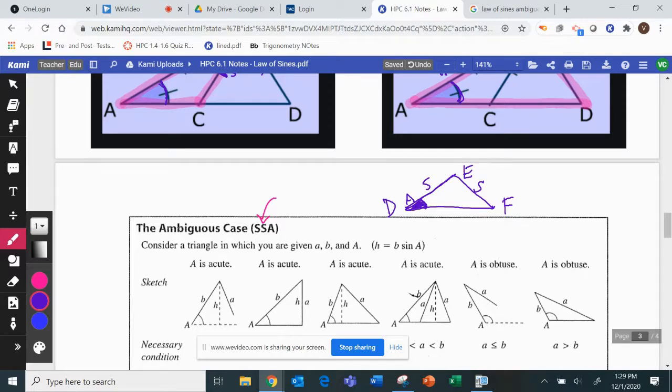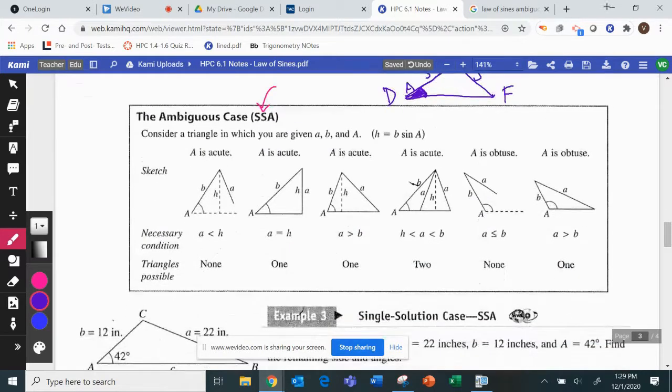Going back to this, if angle A is acute, there are 4 different scenarios we could possibly have. If the side A is greater than side B, if the opposite of angle A is bigger than the side next to angle A, you will only have one triangle.